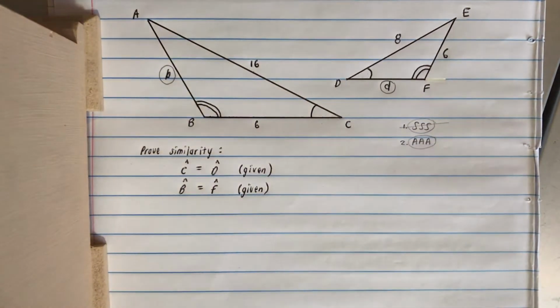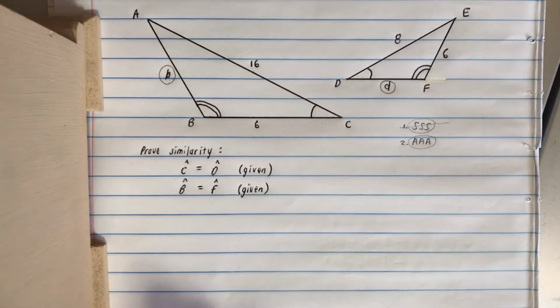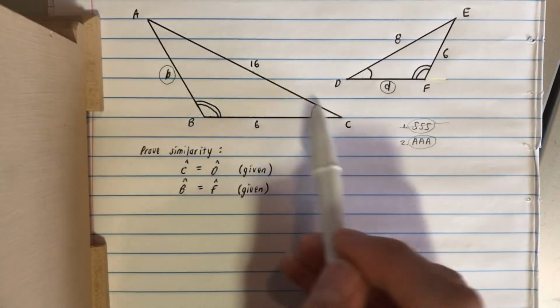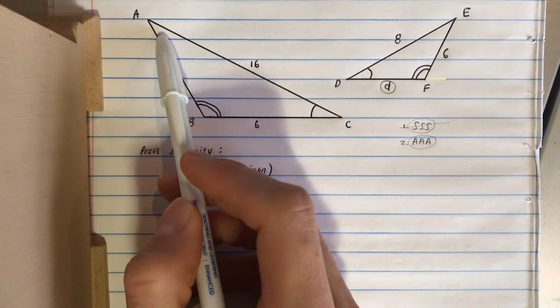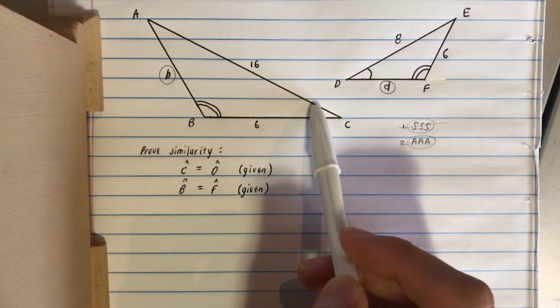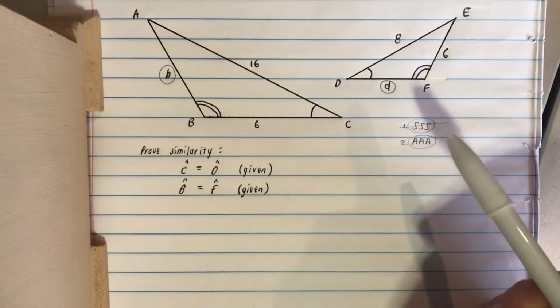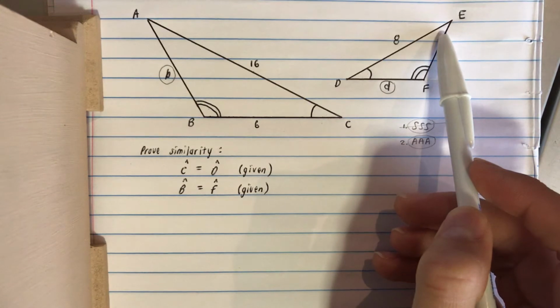Now the question comes in, is angle A equal to angle E? Now it will be, and the reason is because if two angles of a triangle are given, it means the third angle will be equal to 180 degrees minus this angle minus that angle. Now, if these two corresponding angles are the same, it means the third angle must also be the same for both, because it's the third angle in a triangle.